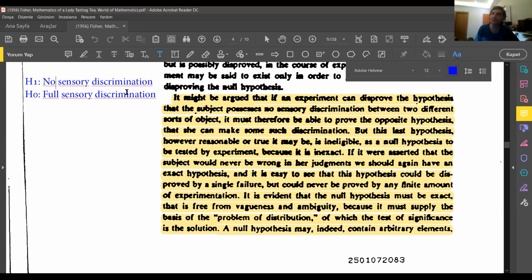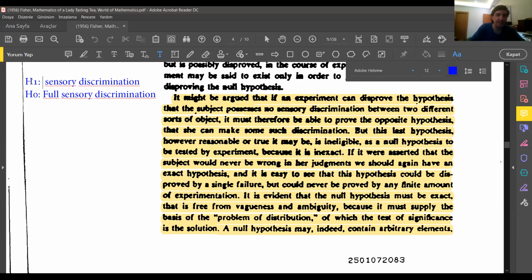Full sensory discrimination: she should predict the order in all cases. No sensory discrimination, however, corresponds to her predicting in no cases. But what if she predicts correctly for, let's say, 60% of the cases? These two, H0 and H1, do not span the whole possible regions of outcomes.